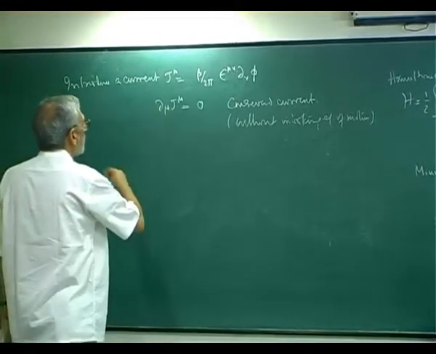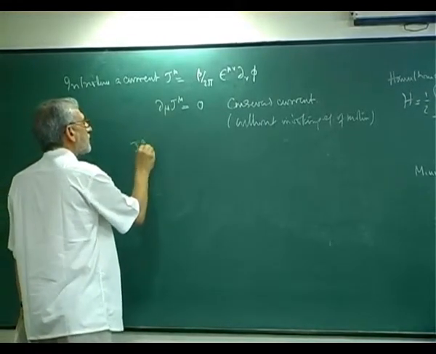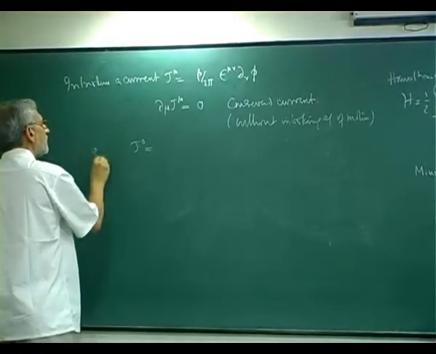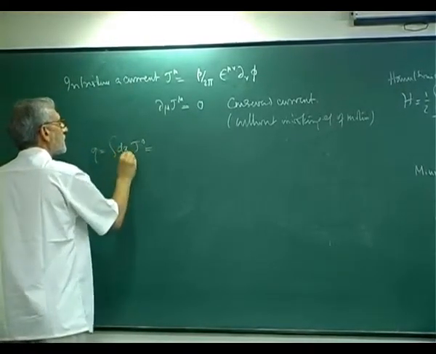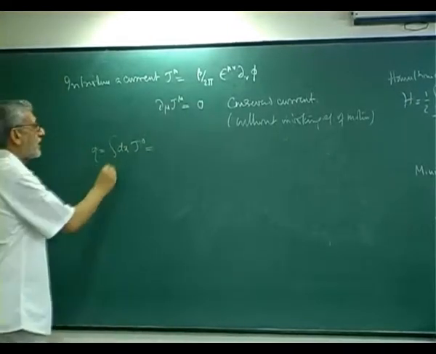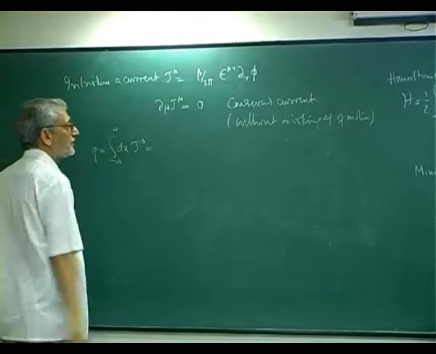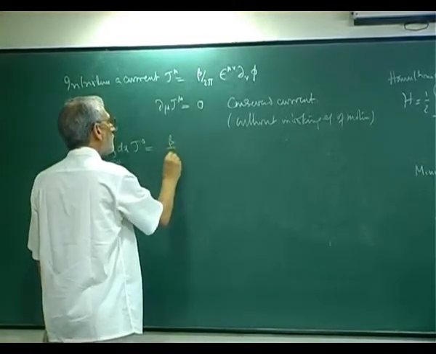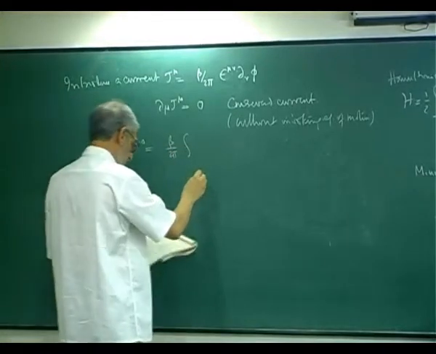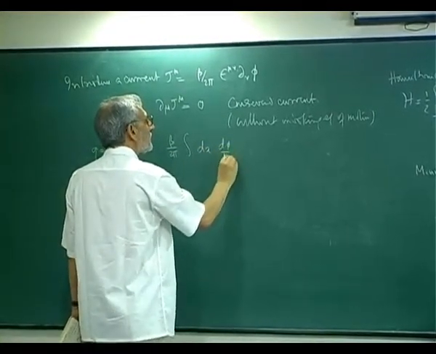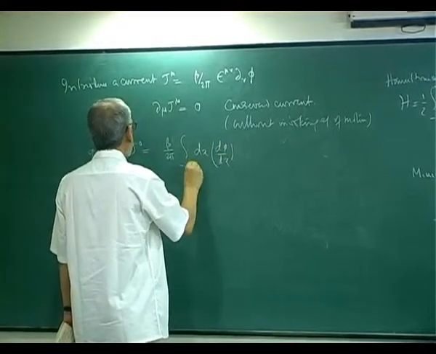And like any other current, if I define a charge, which I would call Q, the space integral of the 0th component of the current from minus infinity to plus infinity, if you work it out, is beta by 2 pi integral dx of d phi dx from minus infinity to plus infinity.